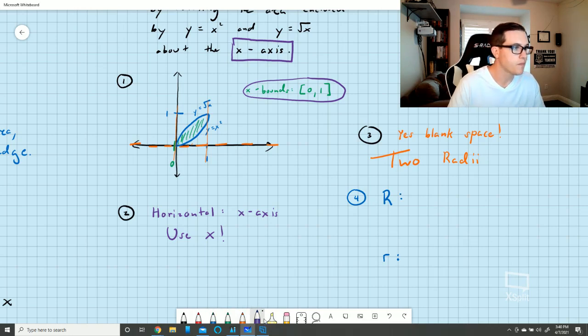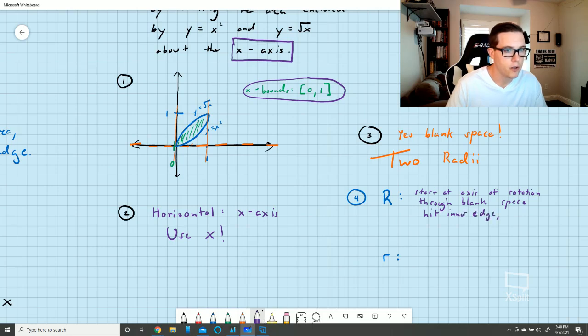Okay, so big R. Here's how you find big R. Start at axis of rotation, through blank space, hit inner edge, through area, stop at outer edge.